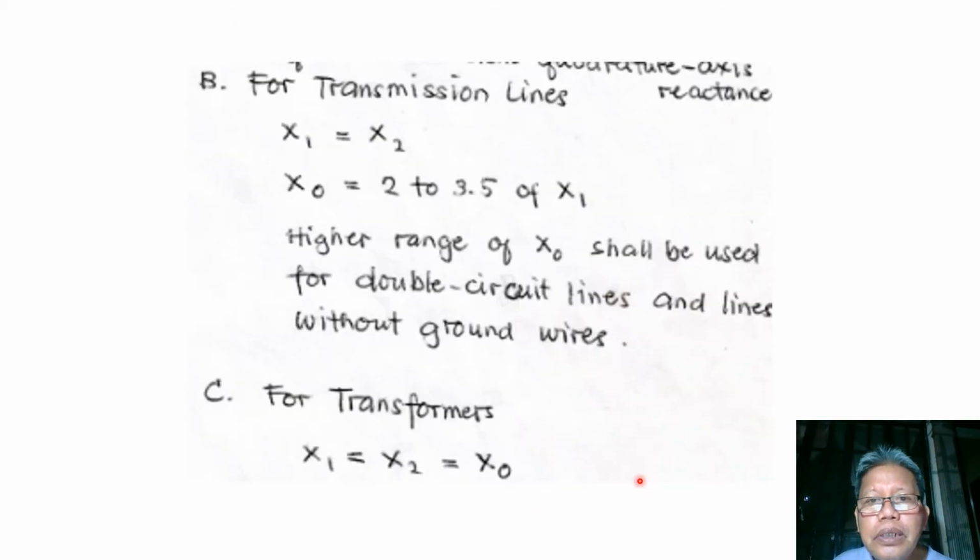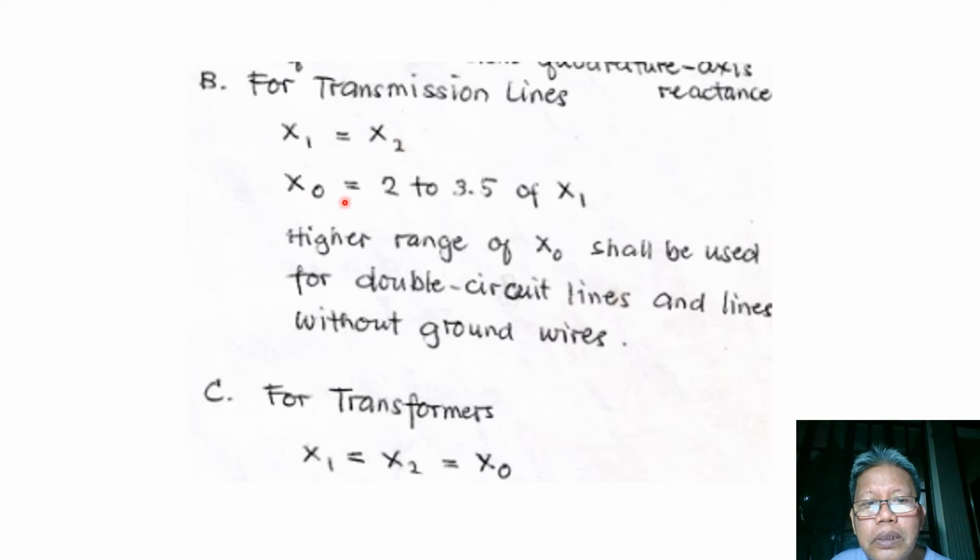Now for the transmission lines, our positive sequence reactance X1 is equal to the negative sequence reactance X2. In other words, our transmission lines react in the same way in positive sequence as in negative sequence.